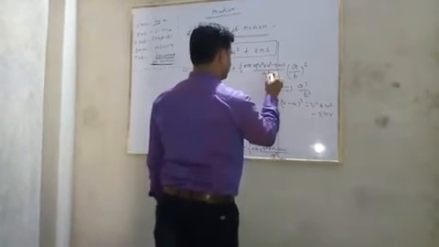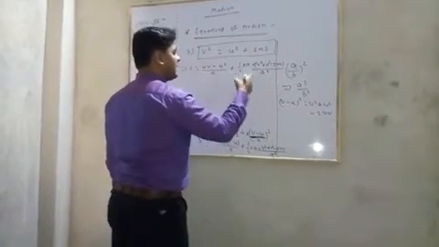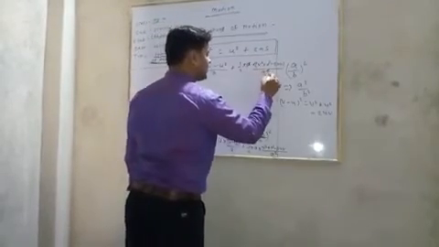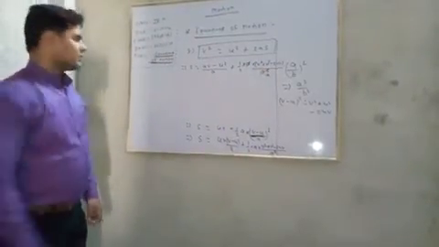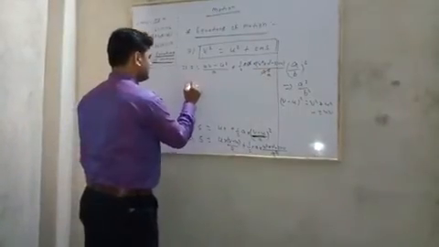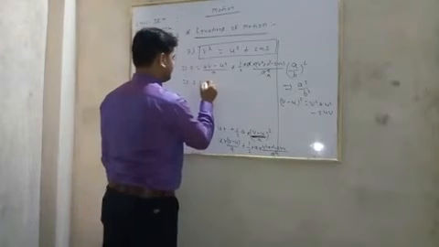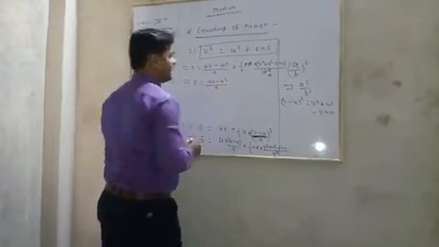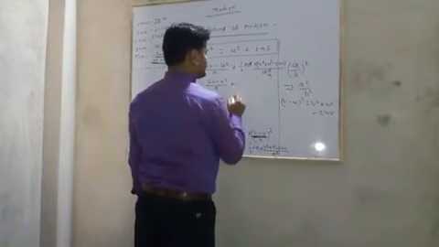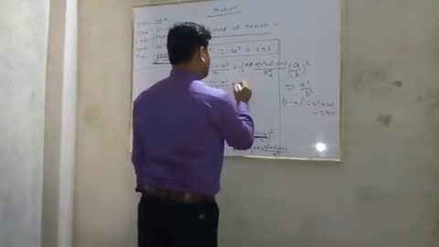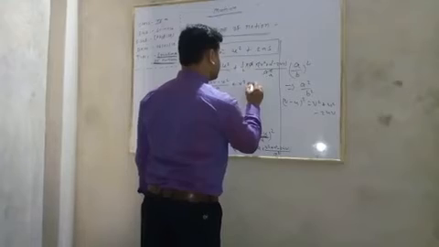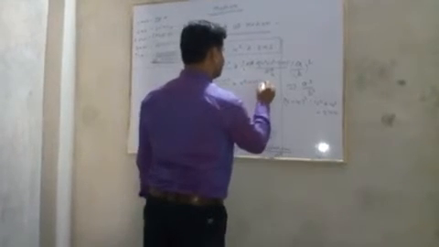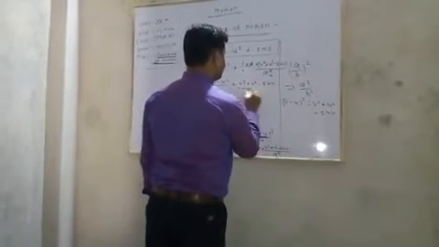Here a square and a will be cancelled from a. So uv minus u square by a plus (v square plus u square minus 2uv) by 2a.